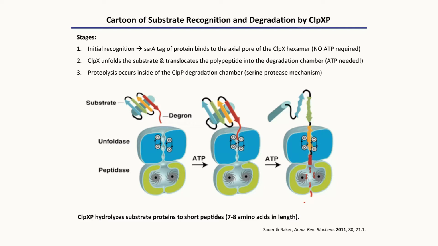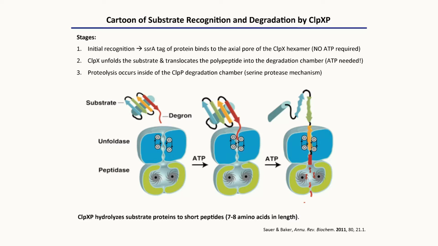So here we see a folded substrate. This degron is another word for one of these tags, SSRA tag. So we see there's recognition here. Then what happens? ClipX unfolds this substrate, so somehow it has to grip and pull and apply a force that unfolds the polypeptide and threads that unfolded polypeptide into the degradation chamber.